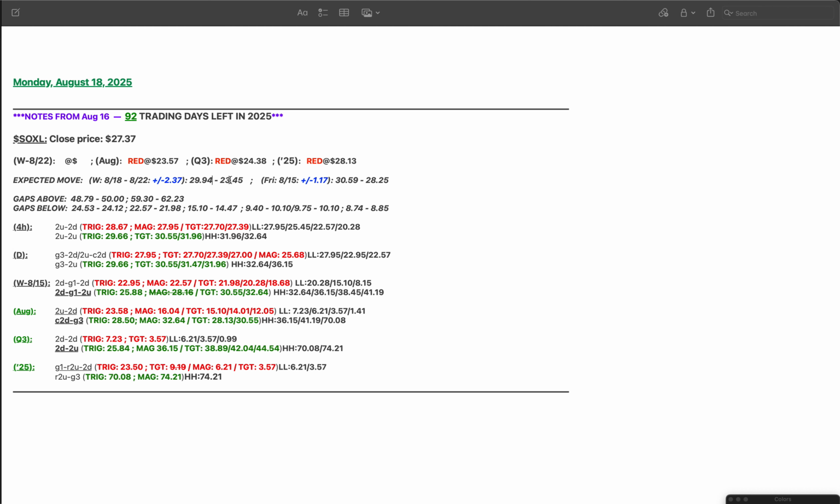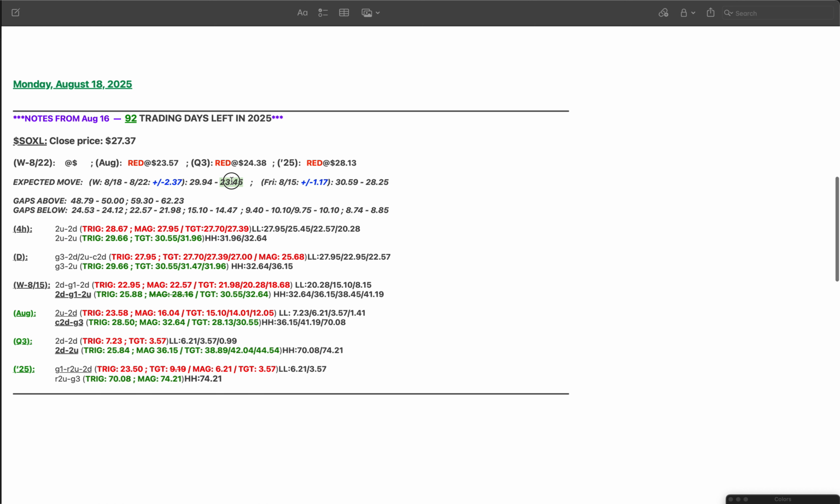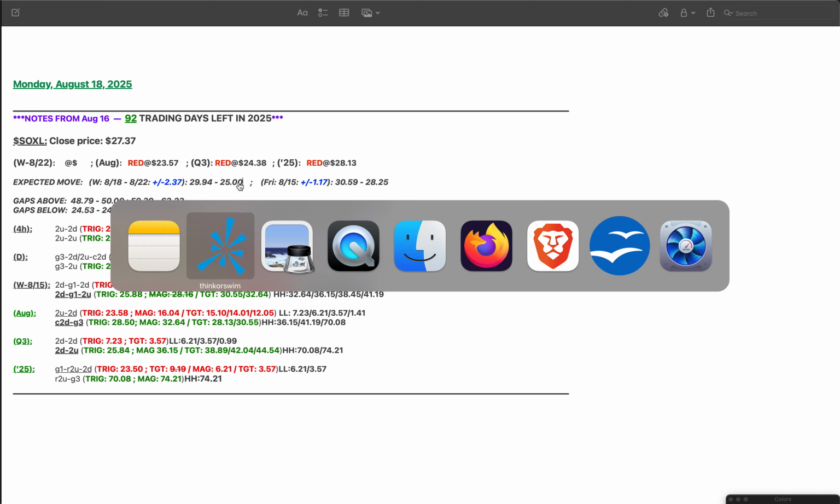We had that in this past week's price action. So let's look at the bottom. 27.37 minus $2.37 gives us 25 flat. Oops, I guess we didn't need a calculator for that. That's pretty easy. But you can see we have an expected range for the week by the market makers of 29.94 and 25 flat.